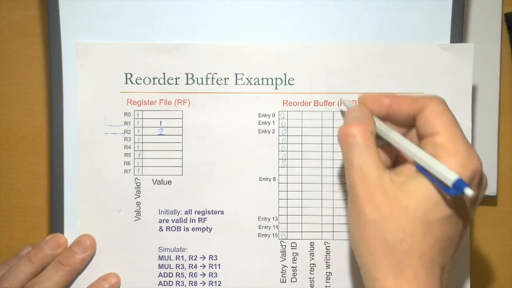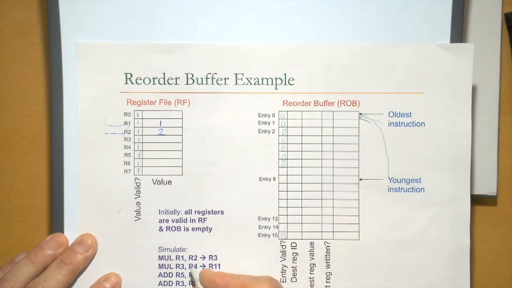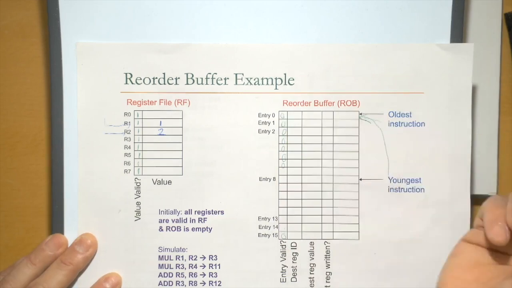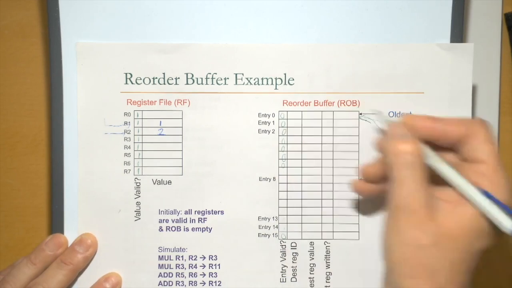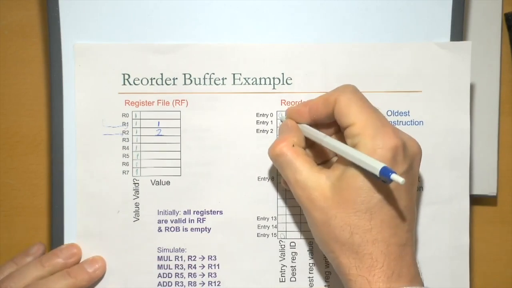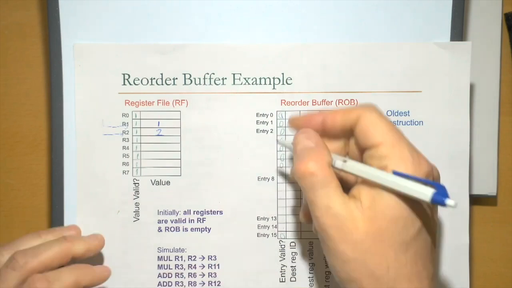But now we also introduce the reorder buffer. While the multiply is being decoded, you need to allocate a reorder buffer entry for it. You take the first empty entry, which is the oldest over here, or youngest. So there needs to be some pointer management that you need to do also. Okay, our pen is dead already.